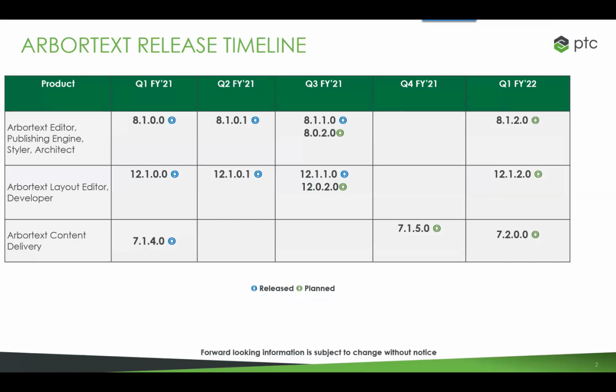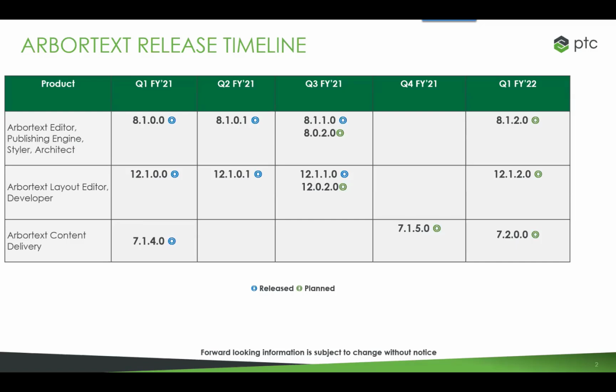First, I'll just cover a high-level Arbortext release timeline. So, as you can see, we have delivered Arbortext 8.1, Arbortext Layout Editor and Developer 12.1. That was back last October.